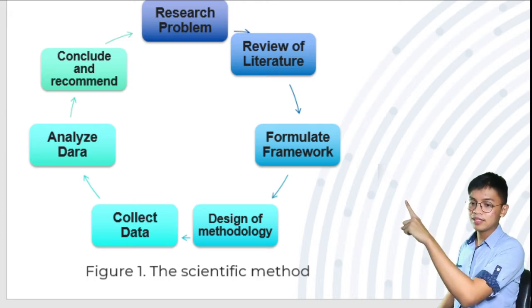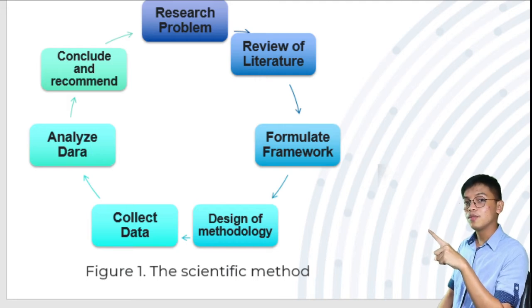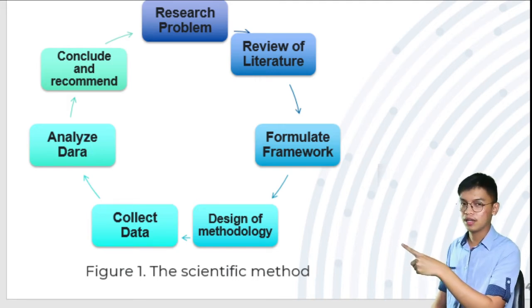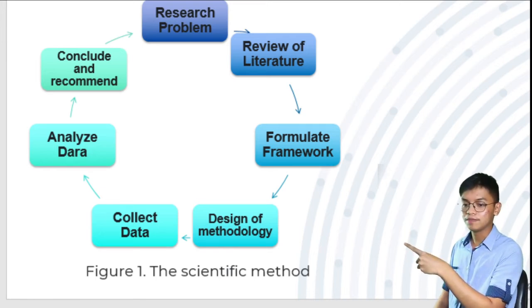From that research problem, we now study articles. We now read some journals or related studies that will help us better understand our topic. From those readings, we can now formulate our framework. We can now select the theory that is most applicable to our study.